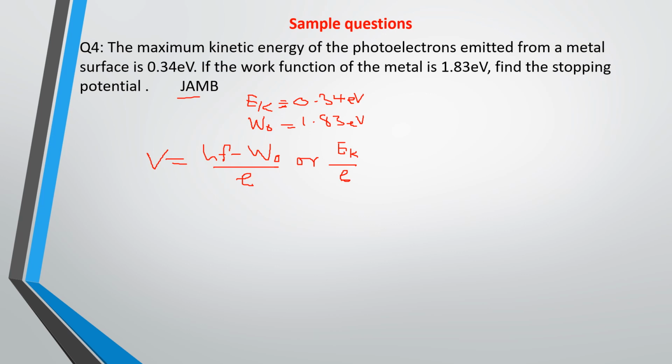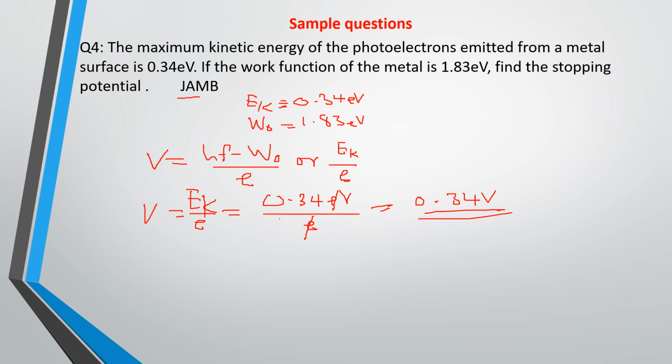So we can say that V is equal to EK over e. The kinetic energy is 0.34 eV divided by e, so e cancels, and you now have 0.34 volt as your stopping potential.